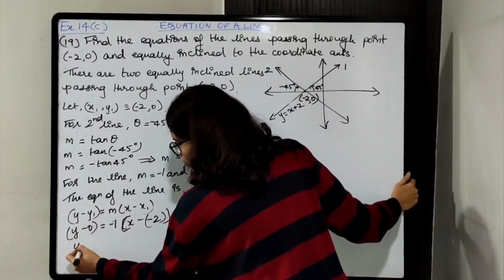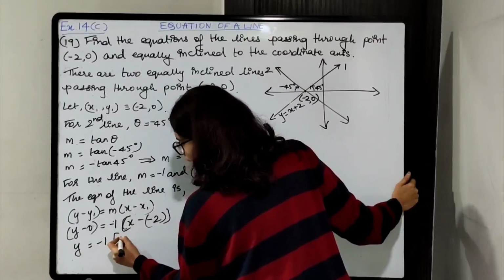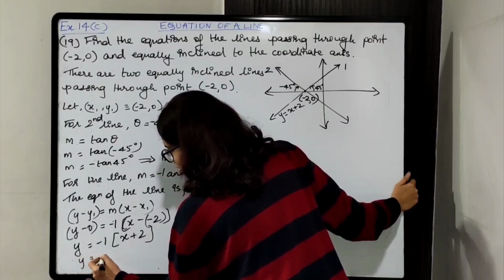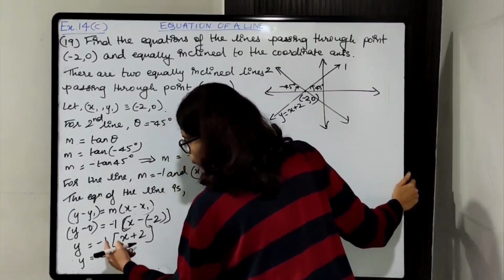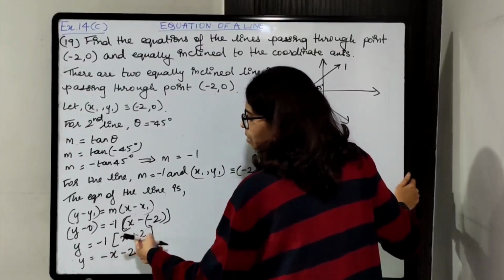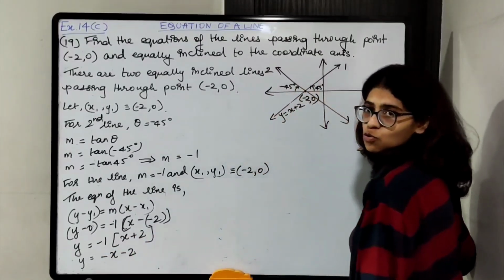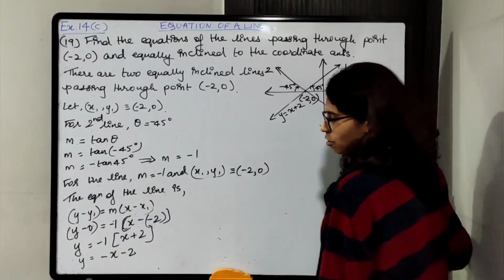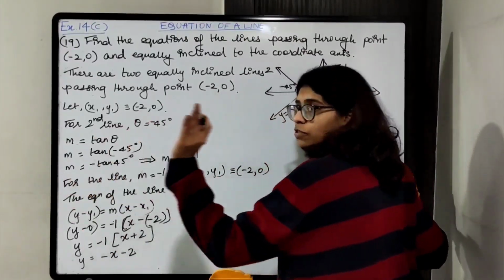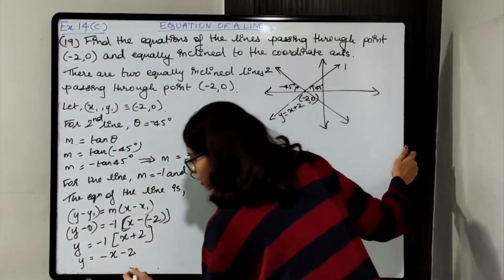So y minus 0 is y, minus 1 into x minus minus becomes plus. So that gives minus x minus 2 because you are multiplying by minus 1. So minus 1 into x, minus 1 into 2, minus 2. Okay, signs will change. Since x is negative and 2 is also negative, we shift both, okay.